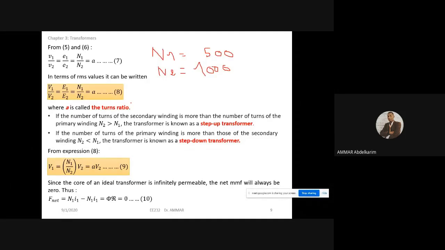It's a step up. A equals what here? A equals 0.5.